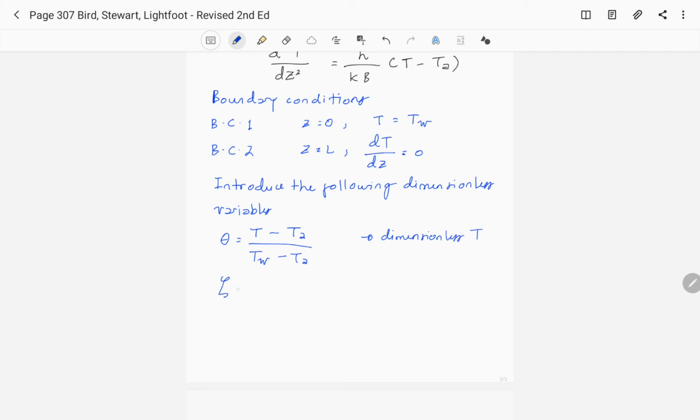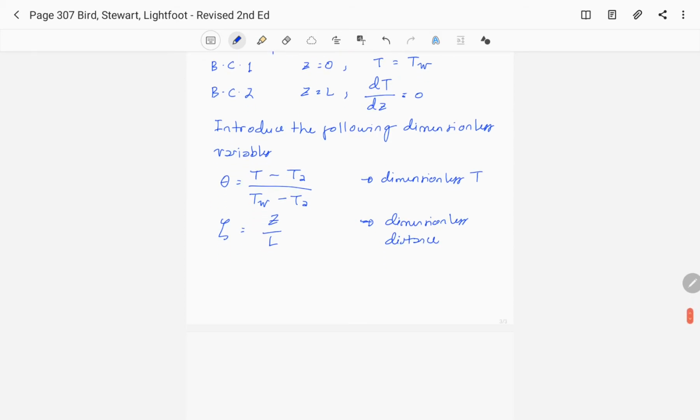And then this one, z over L, will be the dimensionless distance. And then this n squared will be equal to HL squared over KB. This is the dimensionless heat transfer coefficient.